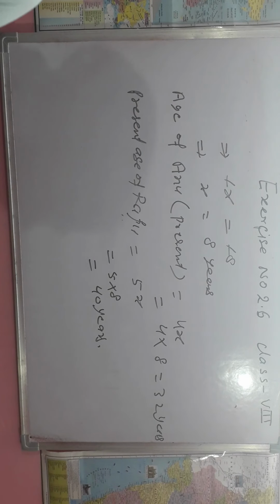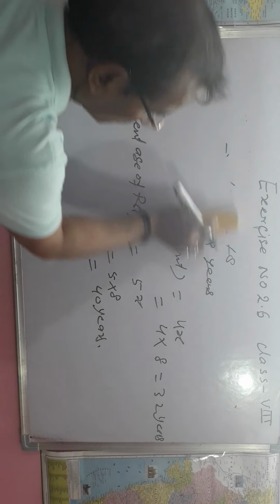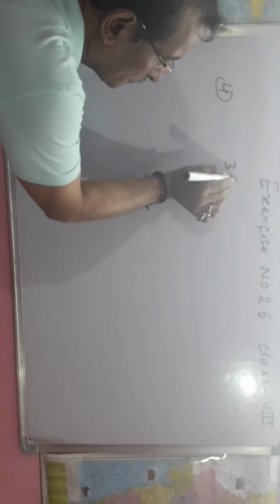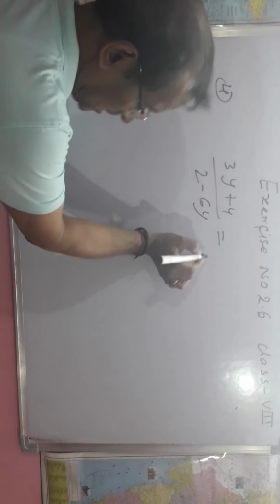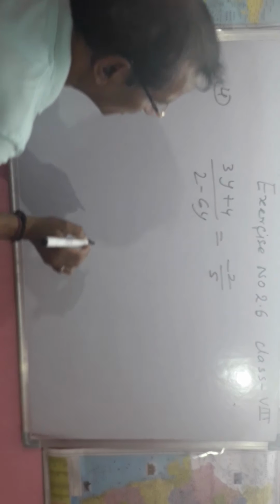Now we take question of this exercise. Question number 4, we will take, how we can solve it. Question number 4 is 3y plus 4 upon 2 minus 6y is equal to minus 2 upon 5.